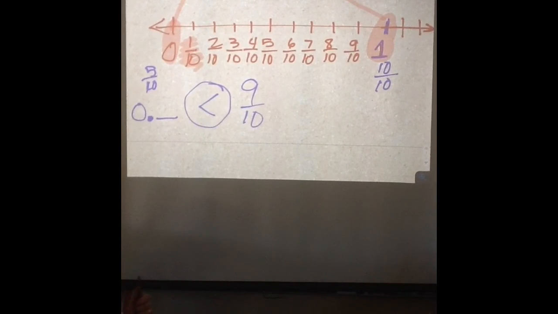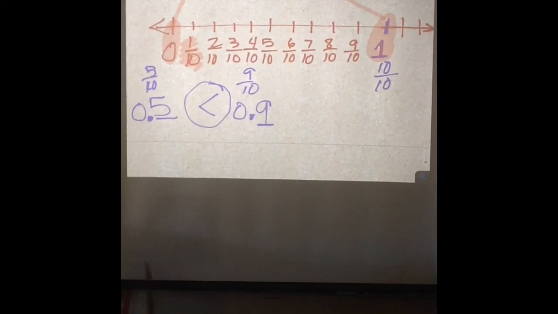A 5. And what would I put on this side? 0.9. So this would be equal to 9/10, because our first space is 10 pieces. Are you with me?